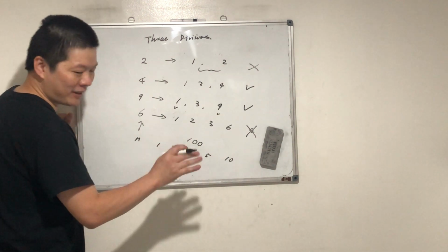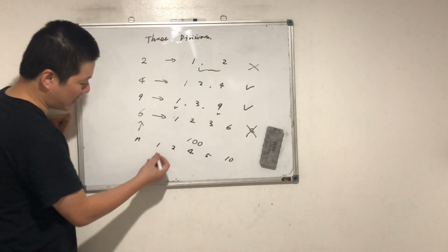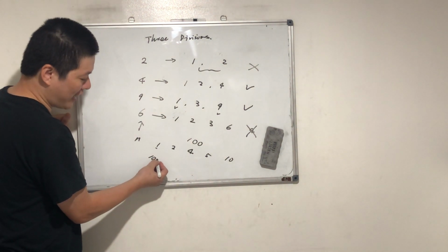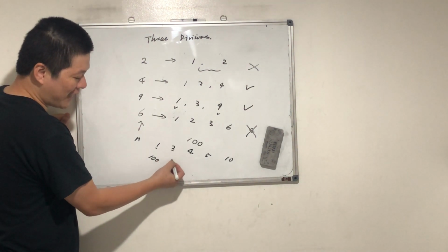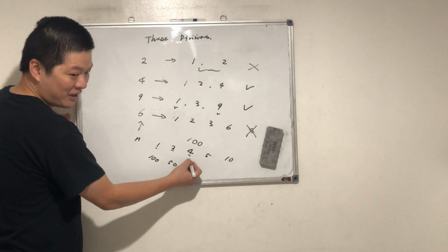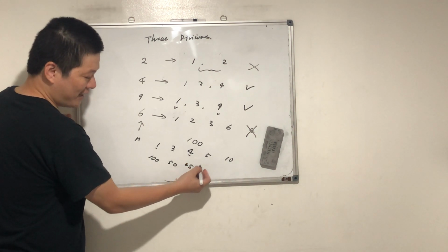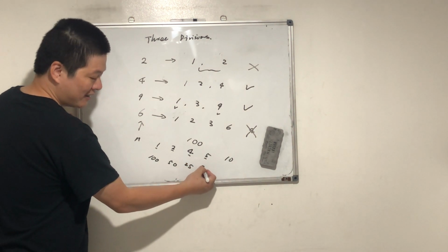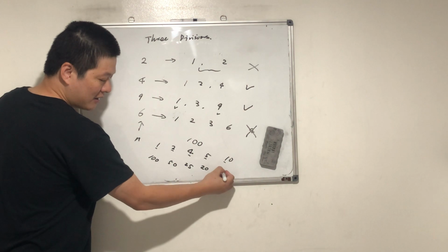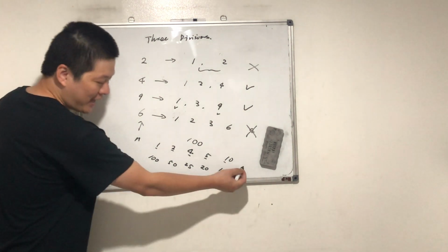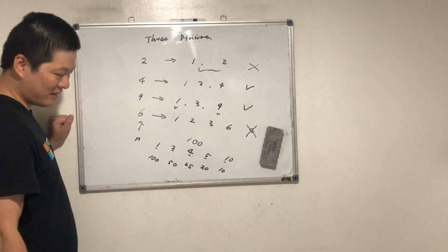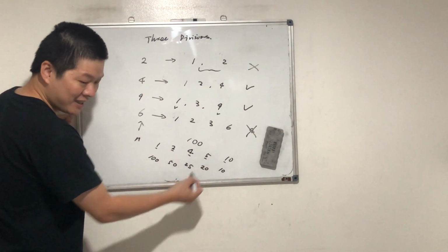After this point, I don't think we need to continue. Why is that? Because I have 1, and I know the other one is 100. I know 2, and the other one is 50. 4, 25. 5, 20. 10, 10. So you can find any number.